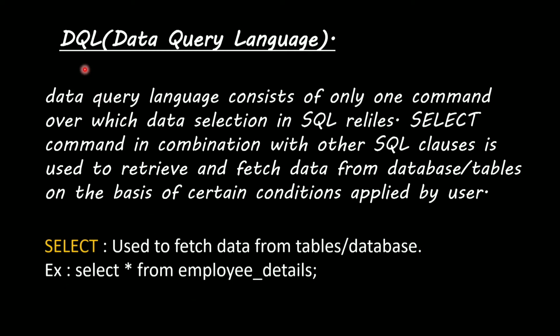Now let's understand what DQL is. DQL stands for Data Query Language. Data Query Language consists of only one command, on which data selection in SQL relies. The select command, in combination with other SQL clauses, is used to retrieve and fetch data from the database on the basis of certain conditions applied by the user, like select star from employee details.